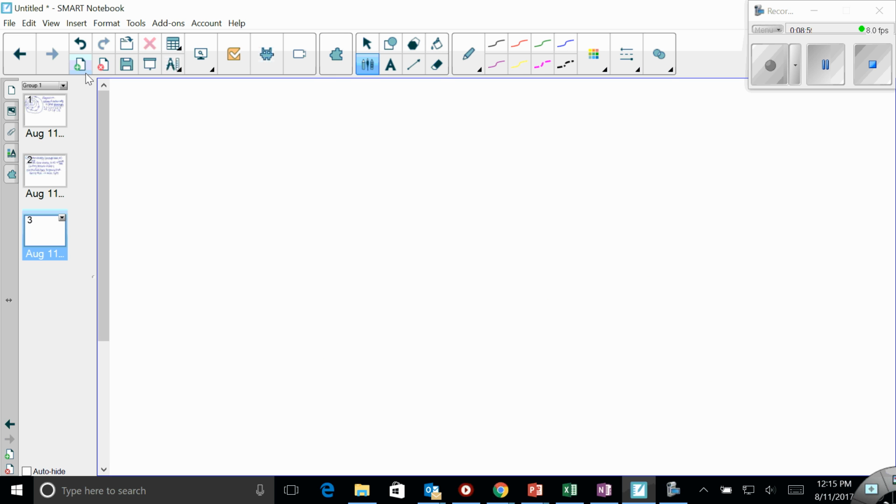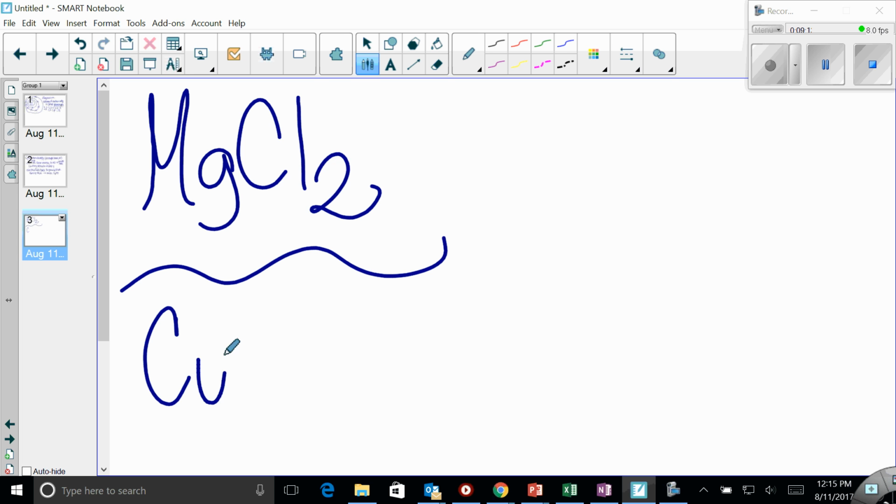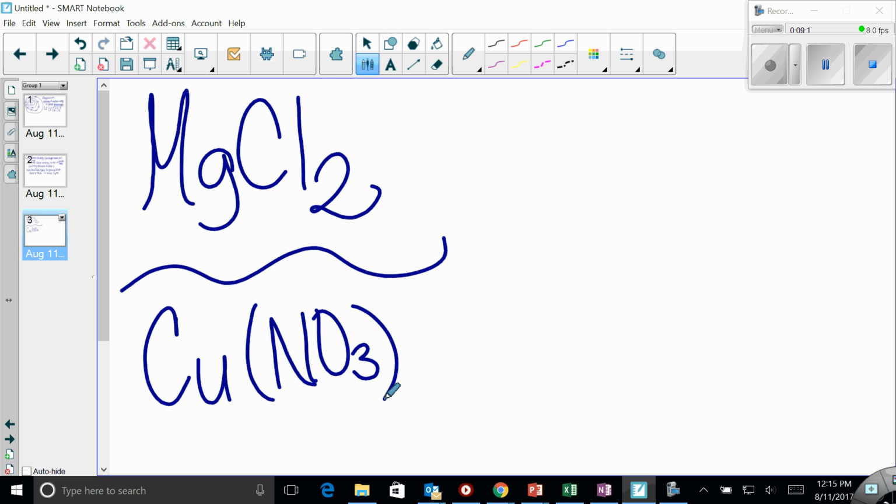I'm going to give you two. What if we have something like MgCl2, and then something like Cu(NO3)2? Now, I picked Mg because it's in one of the first two tall columns.